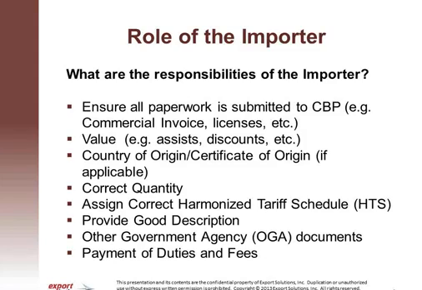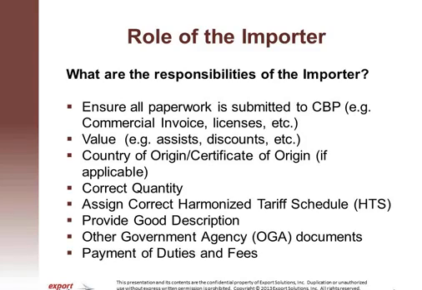Also, you want to make sure that you provide a good description to customs. Once again, the description is something customs uses to determine that what your products are classified as is correct. And then there are other government agency documents; you'll hear customs and customs brokers refer to OGA, which stands for other government agencies. Other government agencies include things like the Food and Drug Administration.